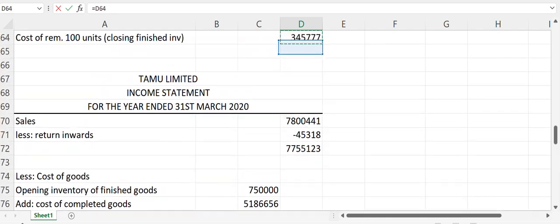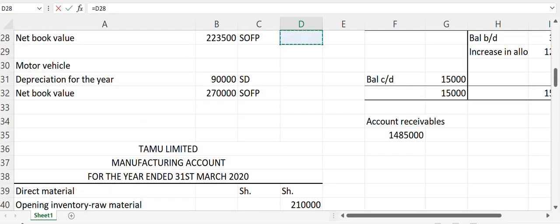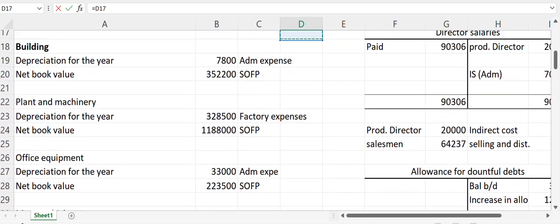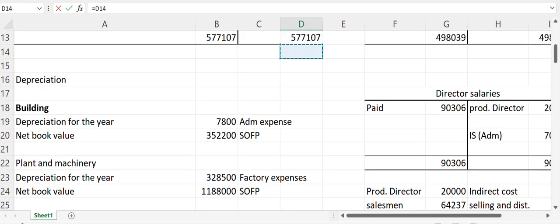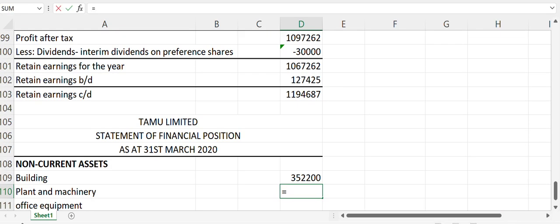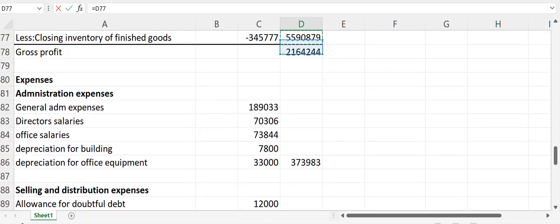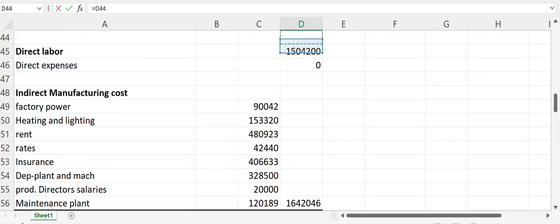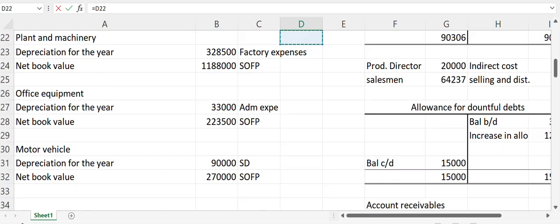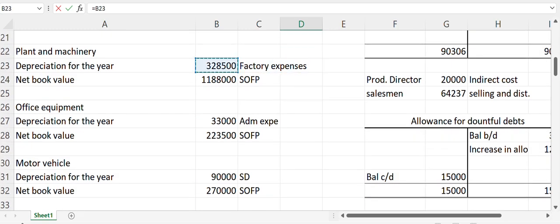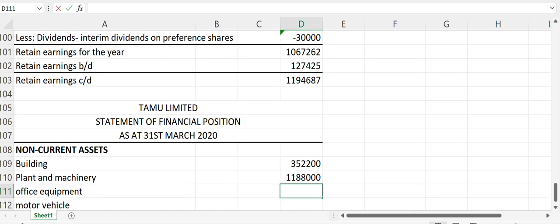So for building, we had already computed for this, so we check the value for building, a net book value. Here it is, statement of financial position. Yeah. For plant and machinery, again, we had computed that.